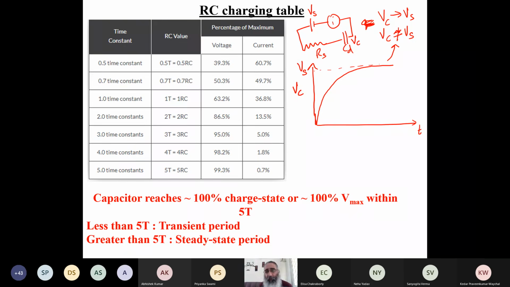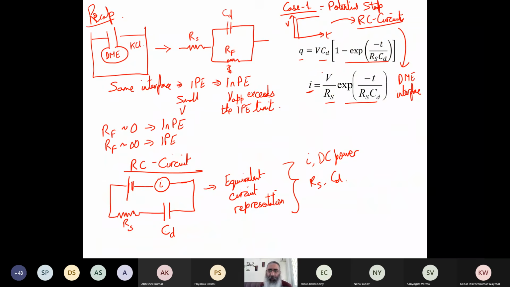Now in this curve, if I were to draw the same curve in terms of current, then what would happen is that now the current is what we are trying to capture. You can see very well from the math that we did last class that the current is going to be V by Rs exponential minus T by Rs CD.